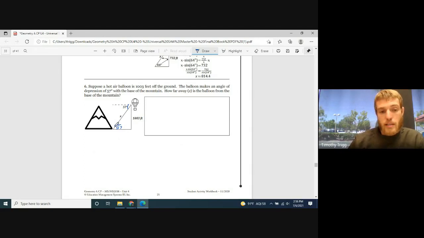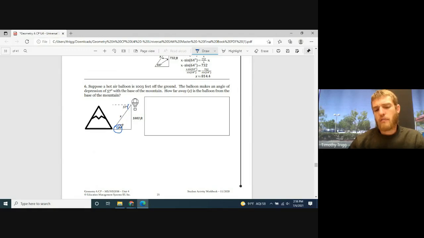So we're going to be using this angle here, this 57. And I know that that's 57 because this is 57. The reasoning behind those both being 57 is those are alternate interior angles. If you remember from a couple of units ago, alternate interior angles are congruent to each other.